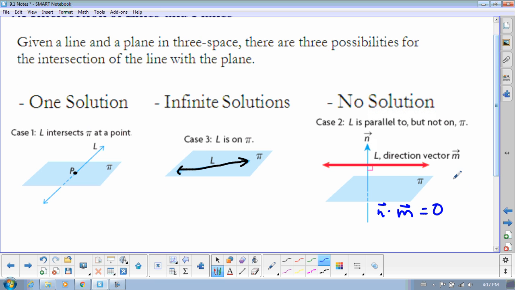Because if it equals 0, that means they're perpendicular. So that tells us right away that there is going to either be no solution, because it means that the line is parallel, or we could end up having infinite solutions as well if that line is on the plane. So that's just something to keep in mind.